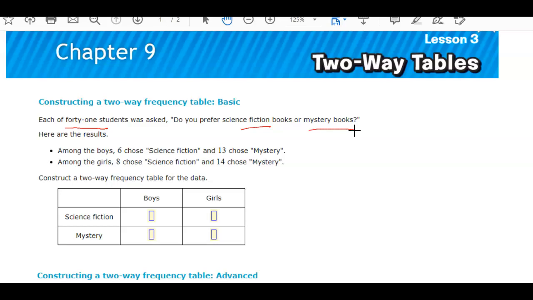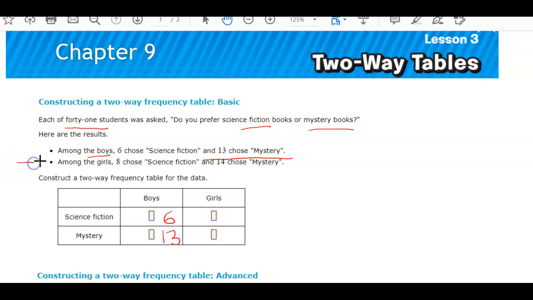So we're going to go over to the boys and science fiction, and we are going to choose a 6. And 13 of the boys chose mystery, so we're going to go ahead and put in a 13 right here.